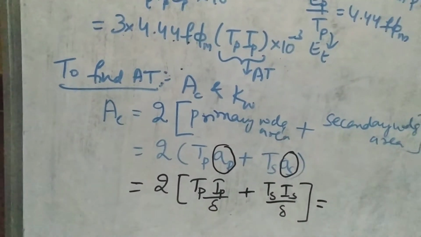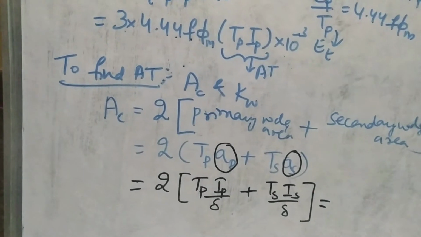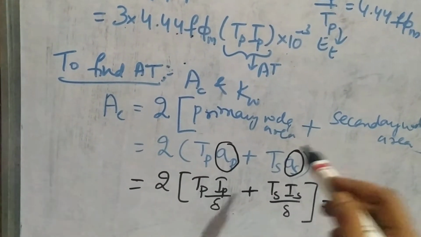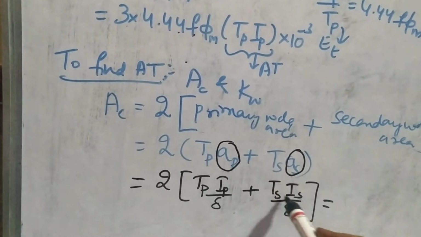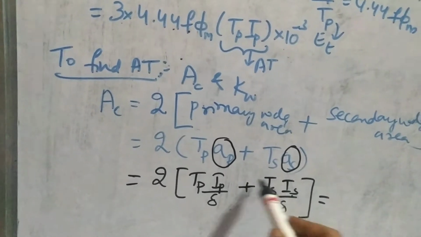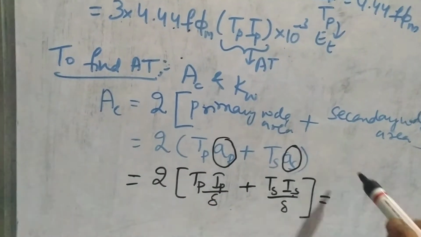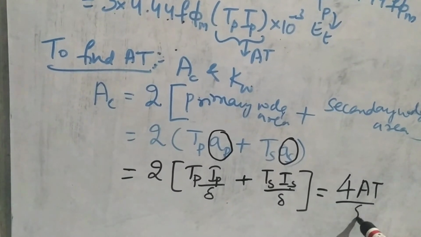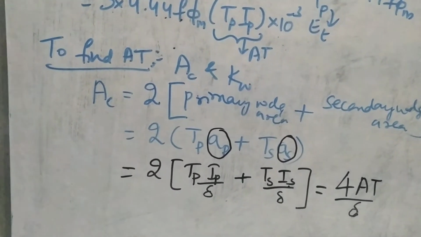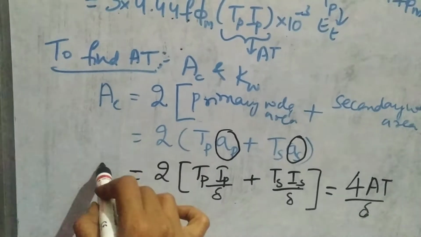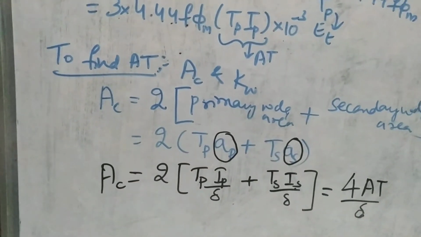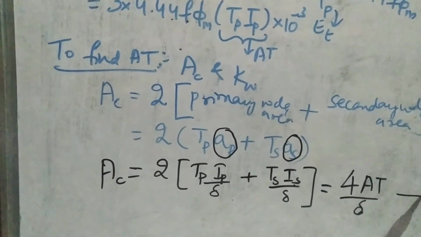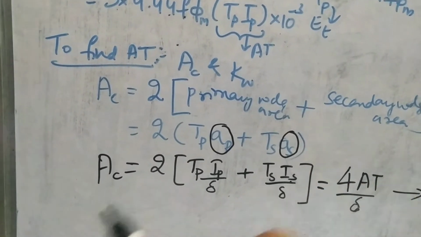Let us assume that the ampere turns in both the primary and the secondary are equal. So here 1 ampere turn, here also 1 ampere turn, so it becomes 2 ampere turns multiplied by 2. So it becomes 4 ampere turns divided by delta. That is what AC we get. Let me take that as equation number 1.